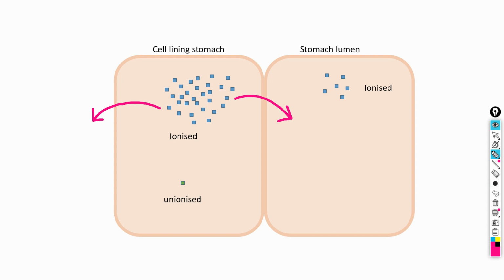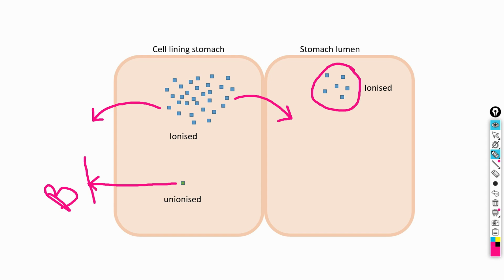However, the rest, almost less than 1% of the unionized particles of the aspirin, is lipid soluble and it crosses the cell membrane and enters the bloodstream, and thereby it shows its action.